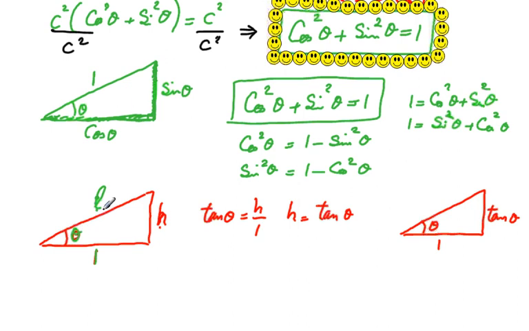What else would work? What is the ratio of a hypotenuse? I want this to stand in the numerator. What's the ratio of hypotenuse to the adjacent? What did we call this? Hypotenuse divided by adjacent is secant theta. So that hypotenuse now is secant of theta.